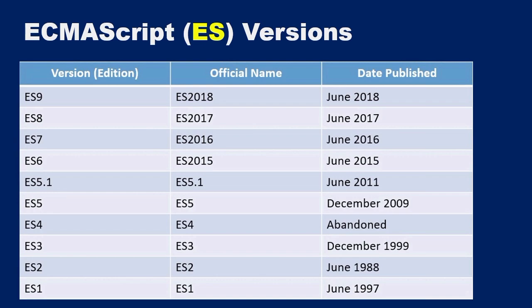The first version or edition was in June 1997, and the current version as of when I'm presenting this video is ES.9, published in June 2018. As shown in the table, ES4 release was abandoned.